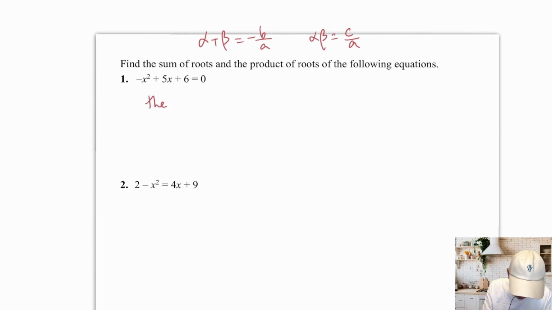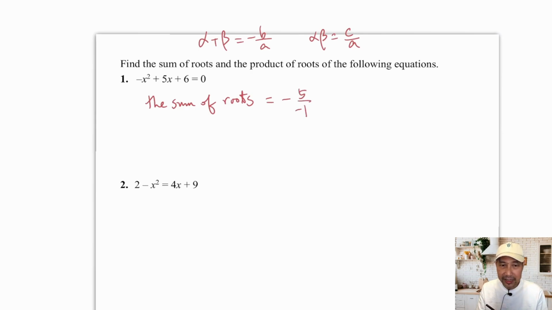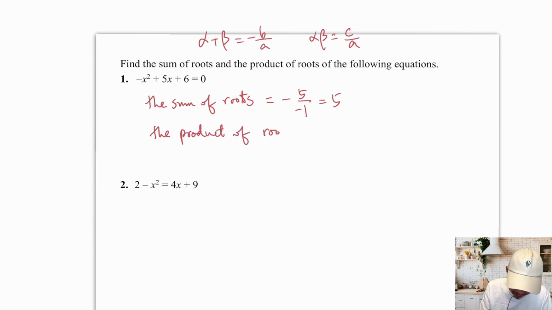Okay, the sum of roots is equal to negative 5 over negative 1. B is 5, A is negative 1. So we have the sum of roots is 5, and the product of roots is c over a, so 6 over negative 1, so the answer is negative 6.